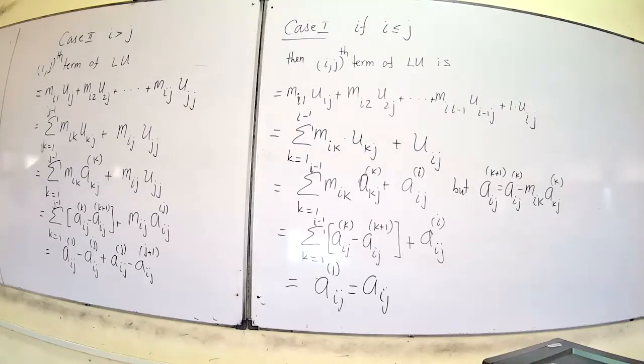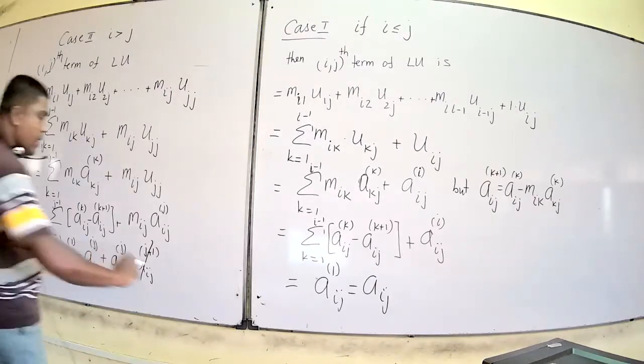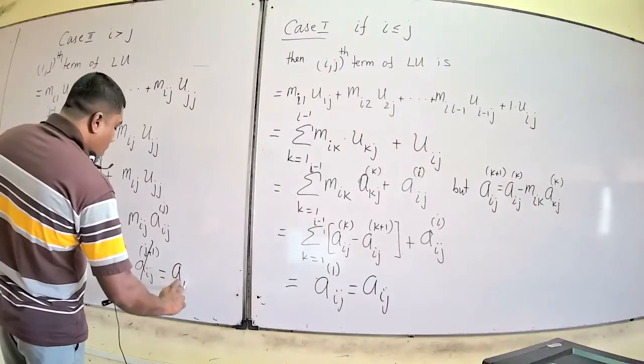You are looking at i greater than j. So in that case, aij(j+1) is a term below the diagonal. But because of the elimination, you know this one will go to 0. If you evaluate everything else, you will end up with aij1.